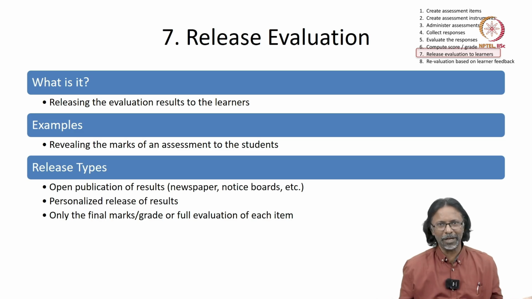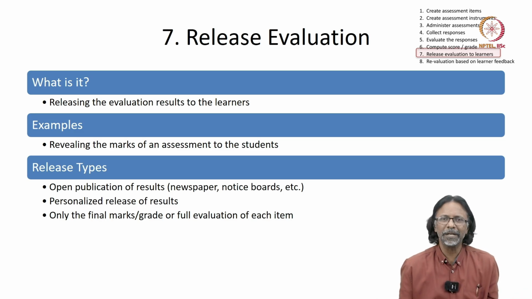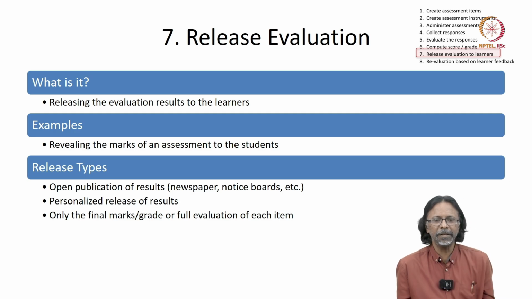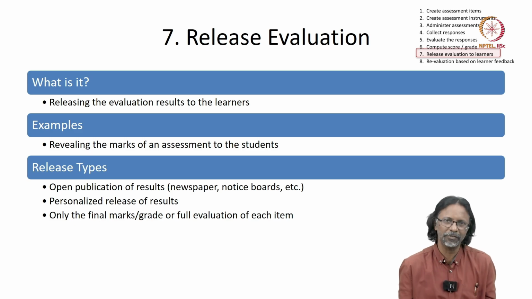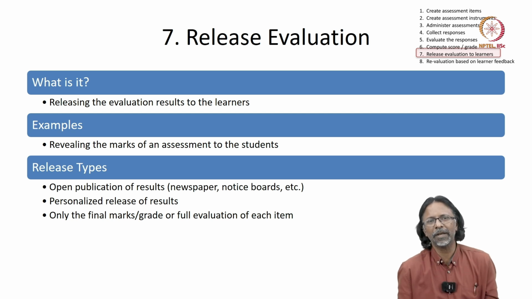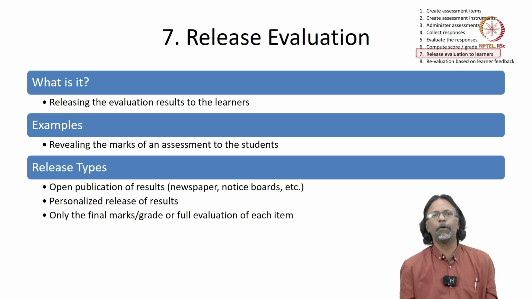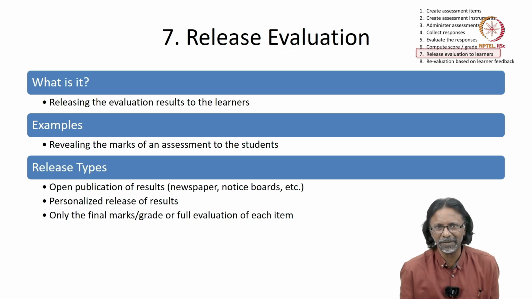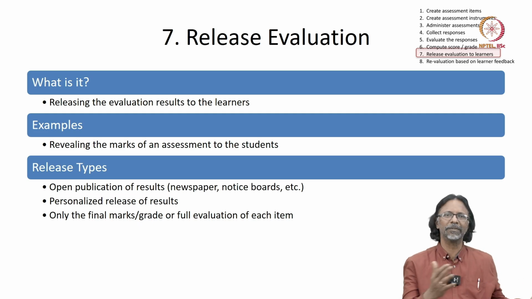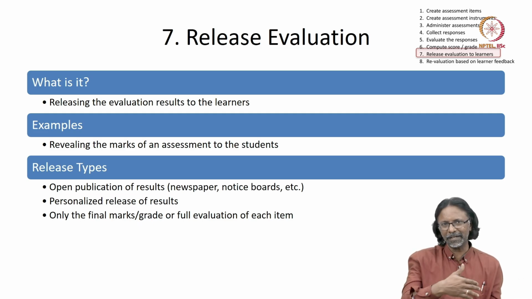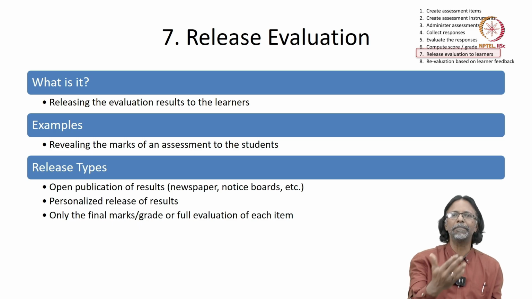I'm not going to judge which is better. But obviously, releasing the full evaluation at an item level increases the level of transparency, and it also serves the purpose of learning. For example, if you are doing a formative assessment and not a summative assessment. If you recall, formative assessment is something conducted in between, more to give feedback.